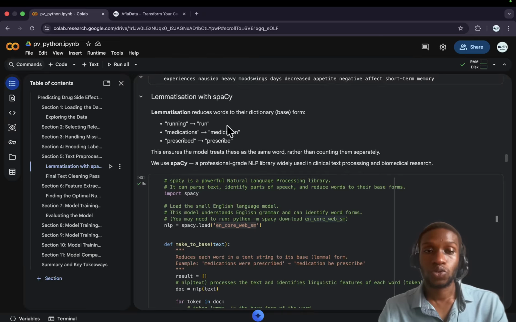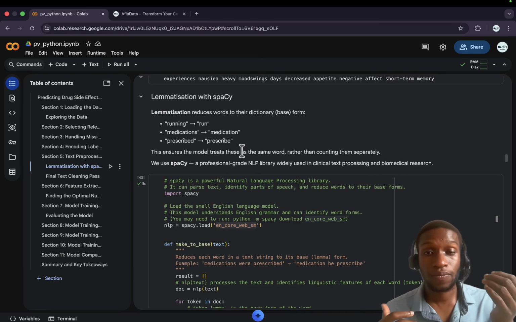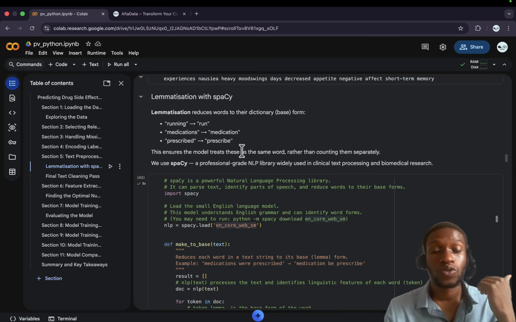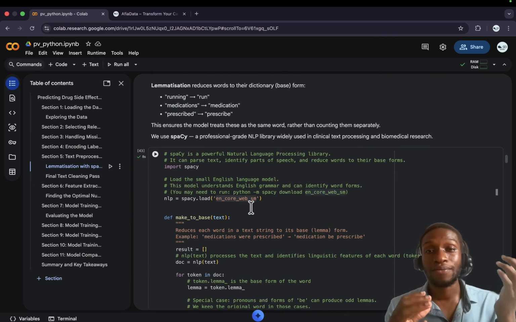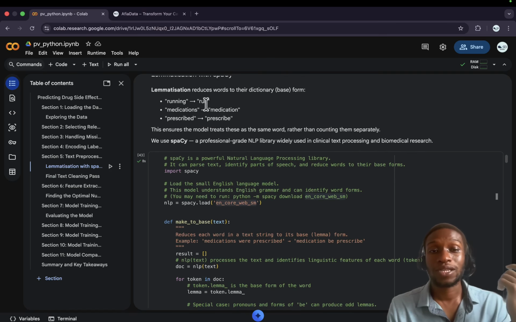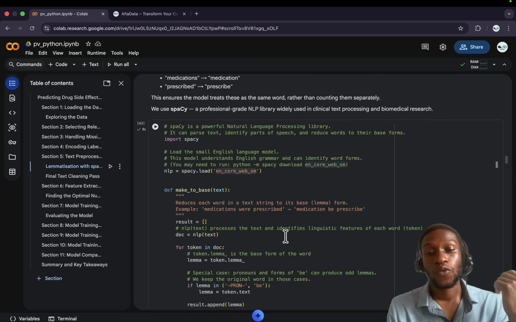Okay, so remember when I said the current frontier models handle these things way more efficiently? Before that, what we used to do, we used to have a library that has access to some model. So in this case, maybe a small English language model that will help us carry out this lemmatization task, so that we can be able to prepare our data well for this particular task of classification.